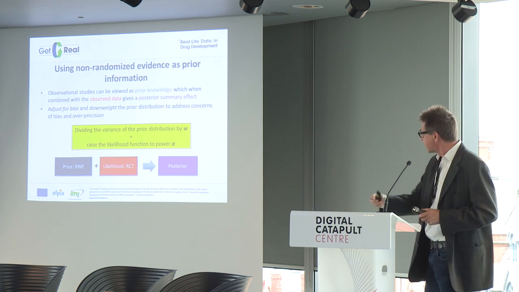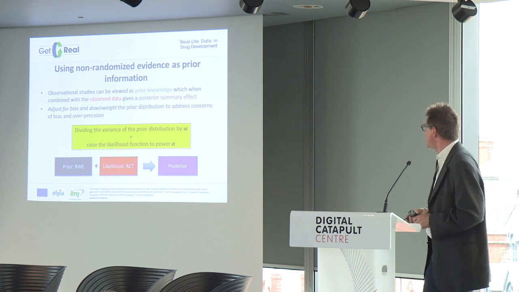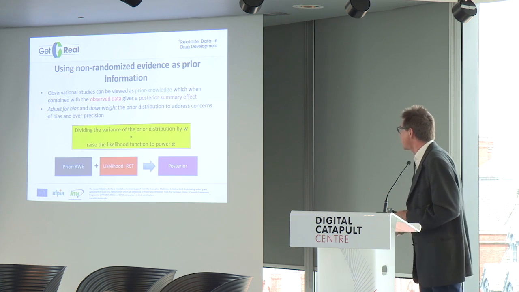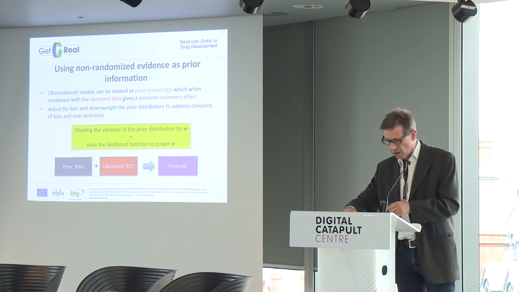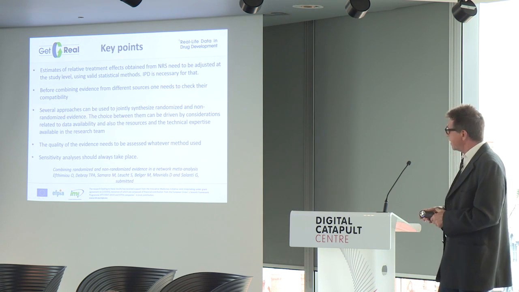And you can then adjust for bias and downweight the prior distribution in a similar way as I just illustrated, to address concerns of bias and over-precision. And for the statisticians among you, dividing the variance of the prior distribution by that weighting factor raises the likelihood function to power alpha. But that's a real technical detail.